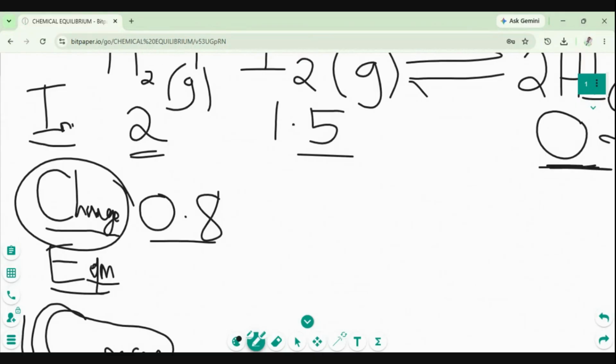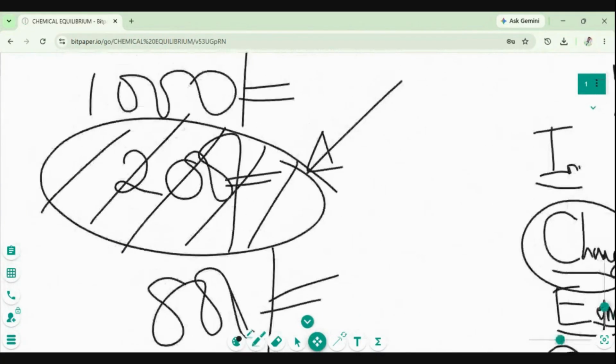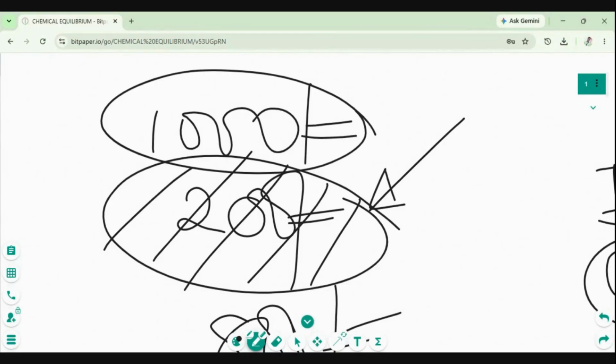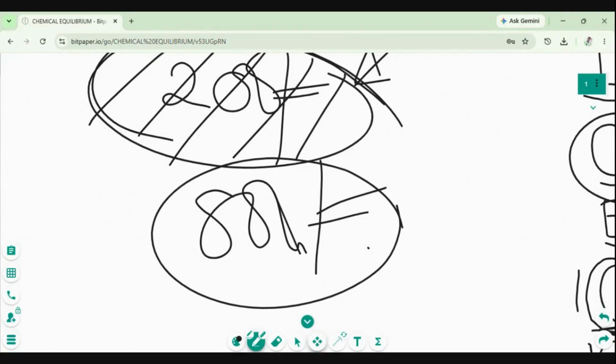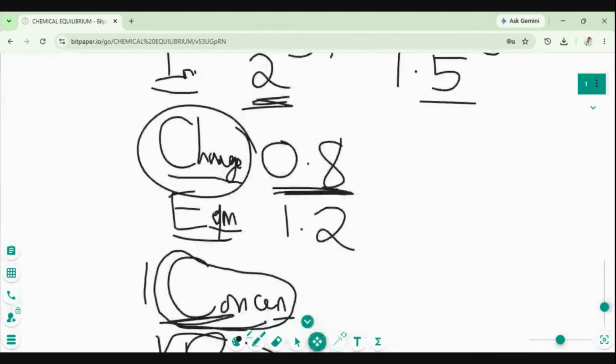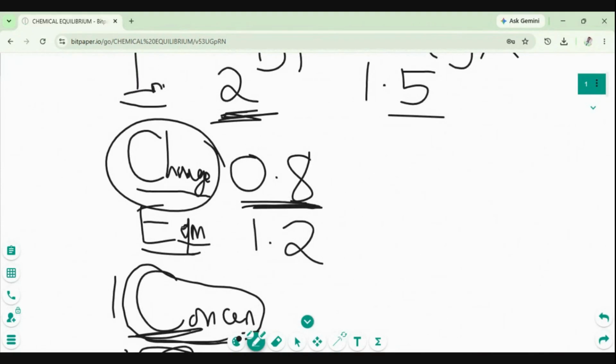But in terms of English, we are saying it means disappearing, it means a removal of something. So you had 2, you took away 0.8, automatically you remain with 1.2. How did I arrive to 1.2? Now, for me to be able to arrive to 1.2, I've used a similar science like the one here. If you had 1,000 and you used 200, automatically it means you have remained with 800, which is simply the 1,000 minus the 200. So it's a similar thing here, that I had 2 minus the 0.8 finally gives me 1.2.